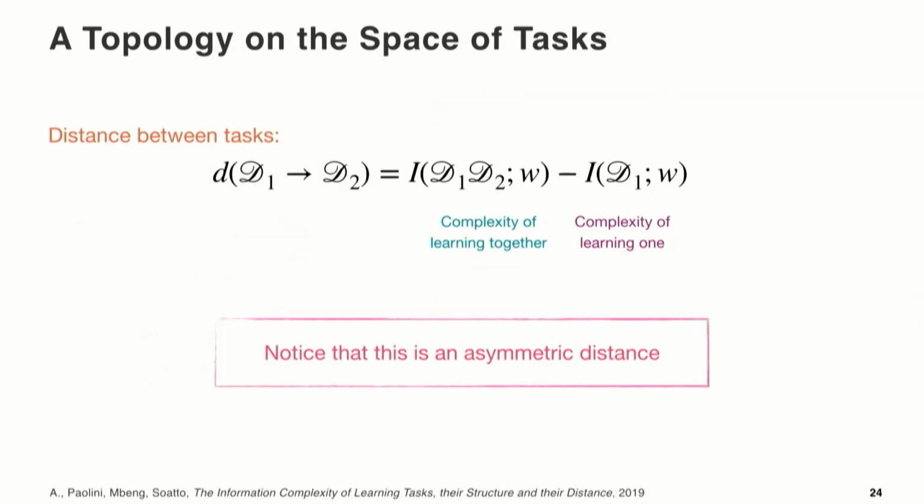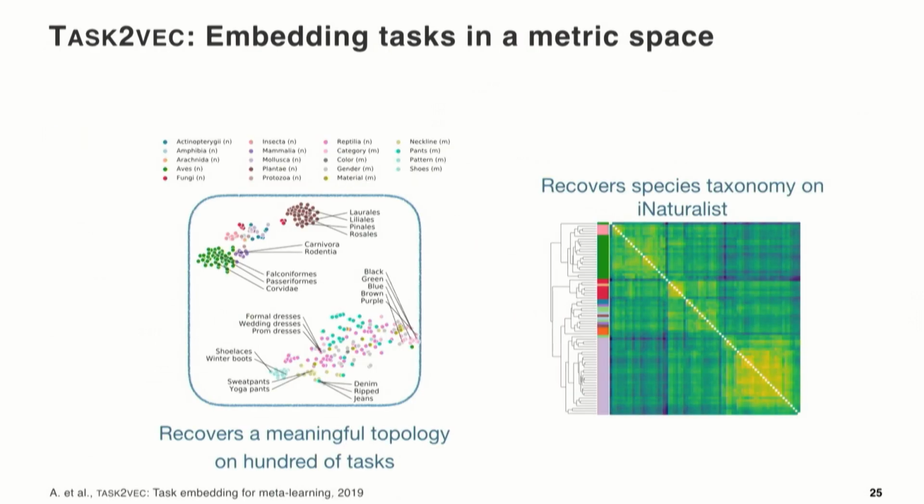I have only 1 minute left, so I'll go fast, quick. So there is a static term of the task and a dynamic term of the task. We know how to compute efficiently the static part, and in fact, we can embed large sets of tasks. This is a small picture, but every single dot there, there's 26,000, is a training of a deep network.